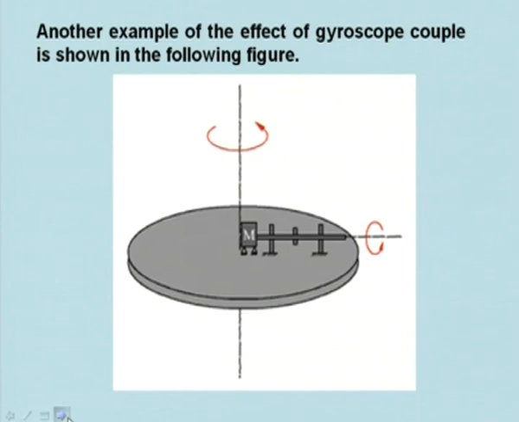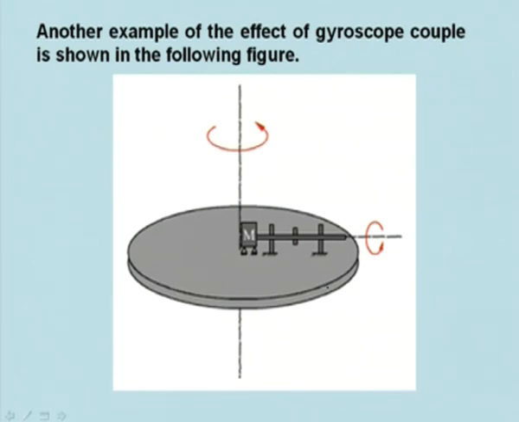Another example of the effect of gyroscopic couple is shown in the following figure. This is the figure, and this is the axis.